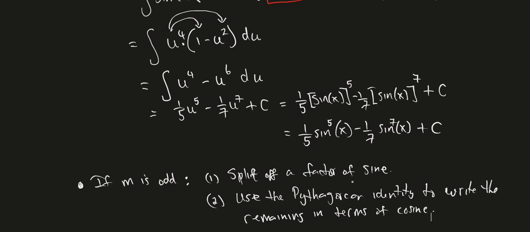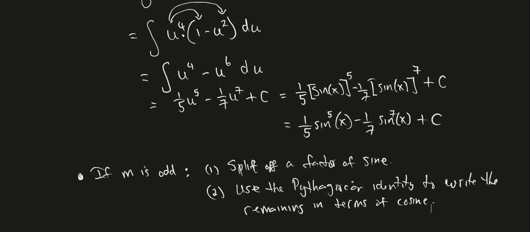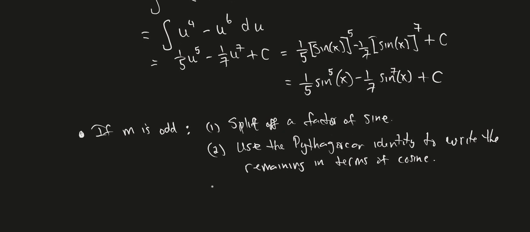Why do we do that? So that we can do a u sub. And that's the third step: use u equals cosine of x as a substitution. And it works even if both powers are odd.